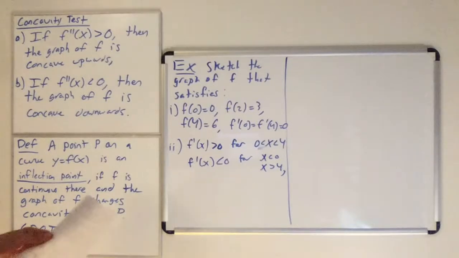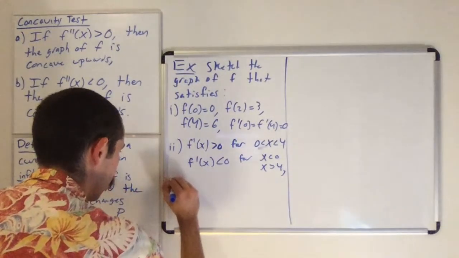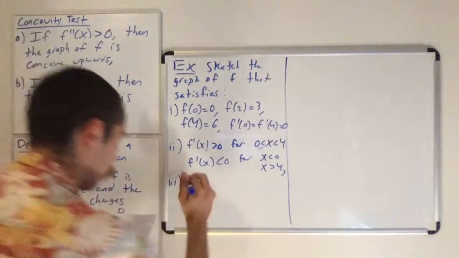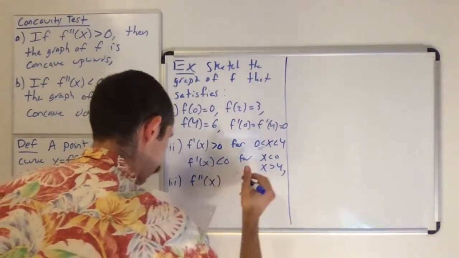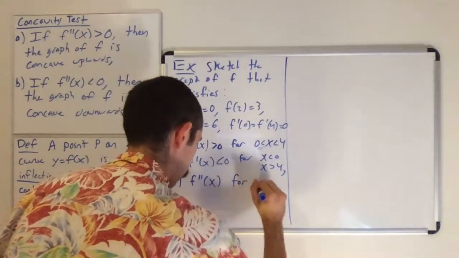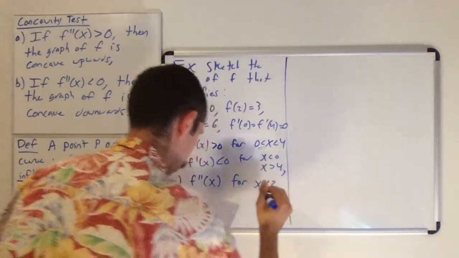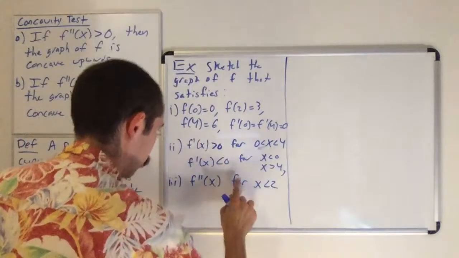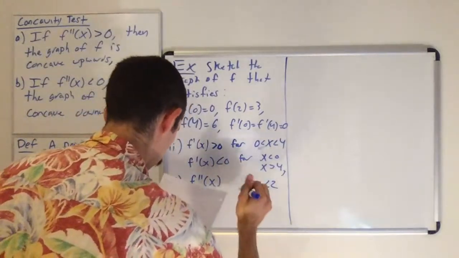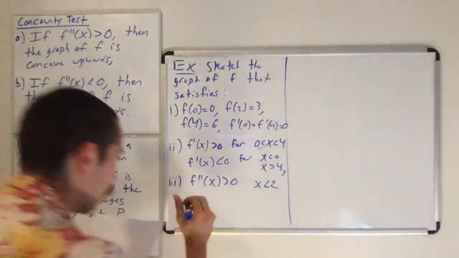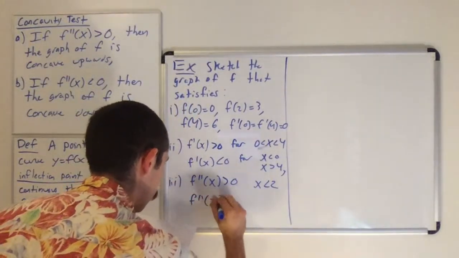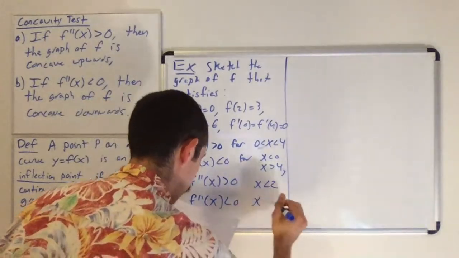And then the last condition is that the second derivative is positive when x is less than 2. The second derivative is negative when x is greater than 2.